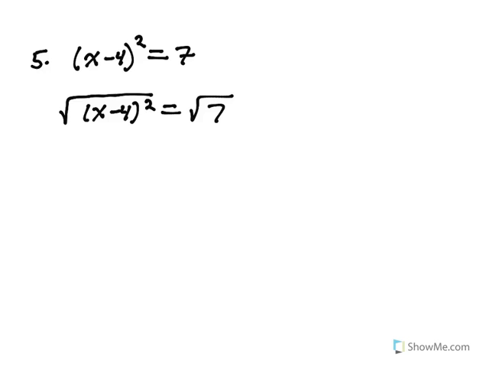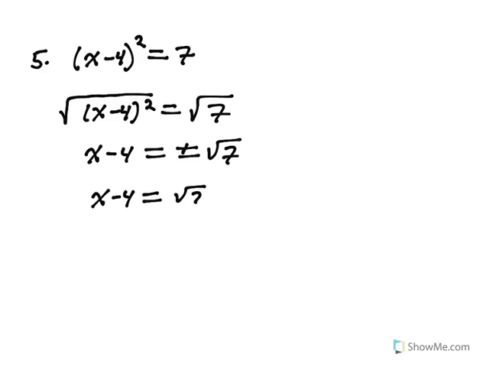And when I do that, this is just going to be x minus 4 equals, again, plus or minus the square root of 7, because I really can't simplify the square root of 7. It's going to be a decimal, and I don't want to get a decimal unless you want an approximate answer. So then I'm going to write this as x minus 4 equals the square root of 7. And I'm going to write this as x minus 4 equals minus the square root of 7. Okay? Just separate them into two equations, one for plus, one for minus.